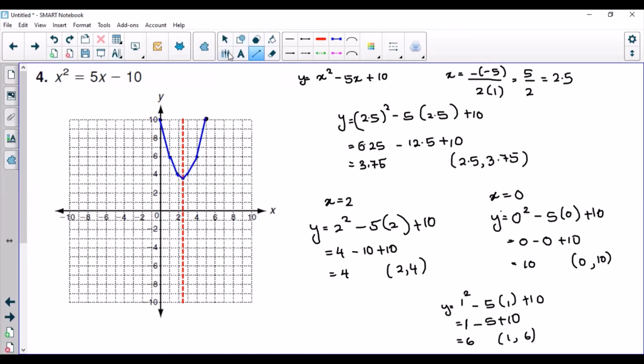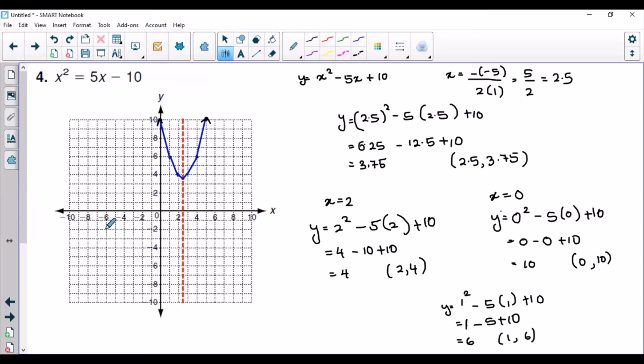This is how your parabola should look for this equation, which is x squared minus 5x plus 10. This is the parabola, and the vertex is at 2.5 and 3.75. So similarly, you will have to do the remaining.